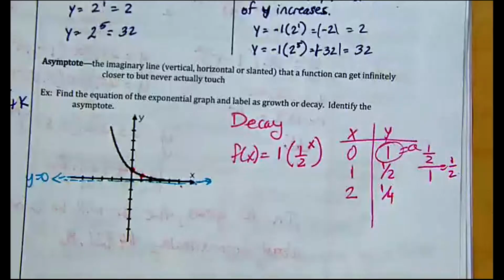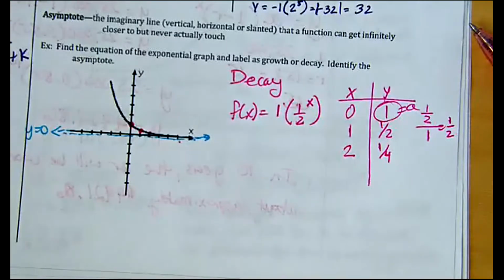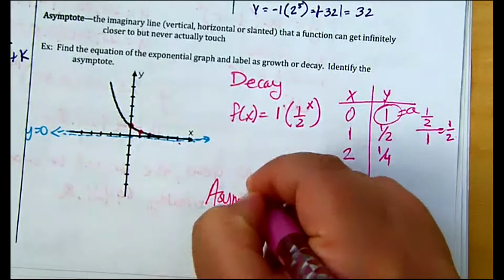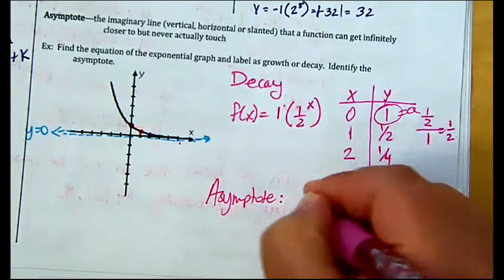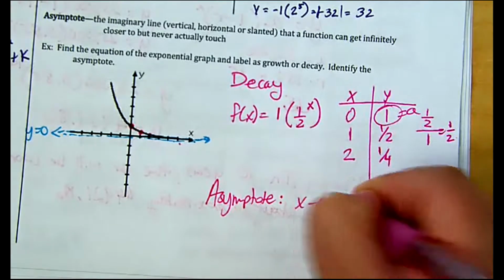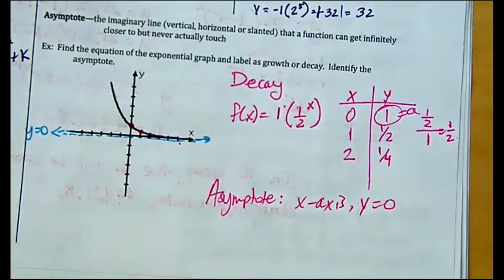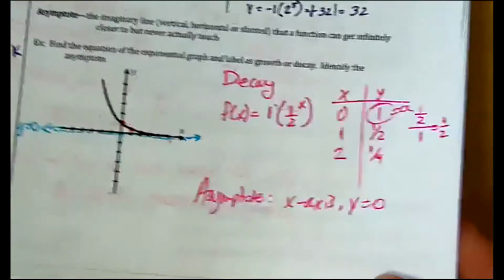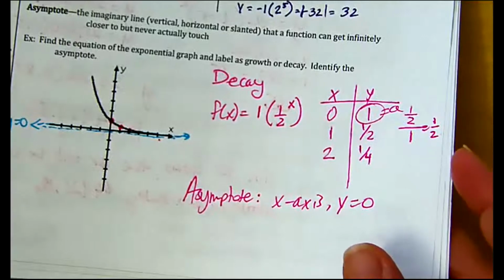Okay, moving on. That's our decay model there. And of course, we're going to write down that our asymptote here is our x-axis, aka y equals 0. All right, let's flip over. I'll give you guys a second to finish writing that.